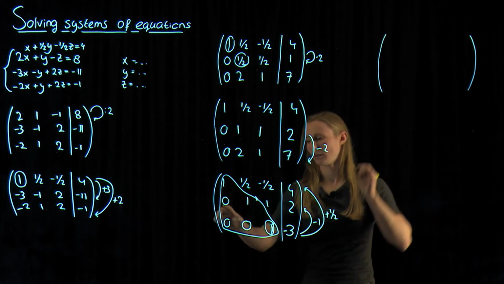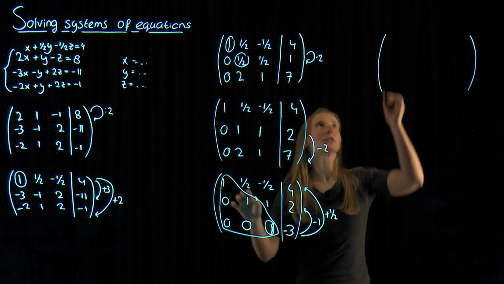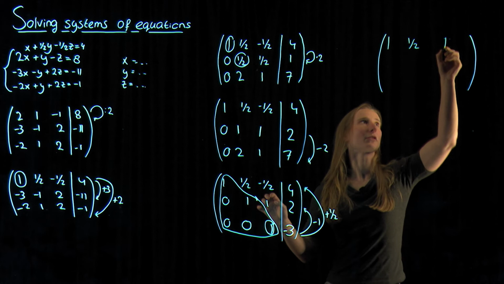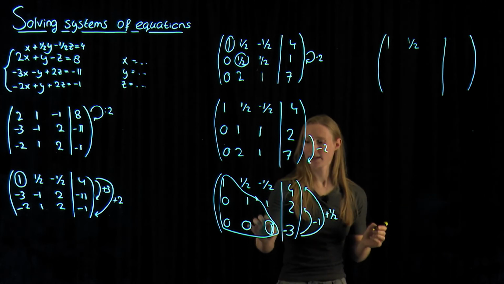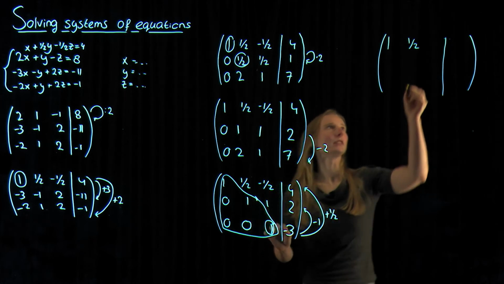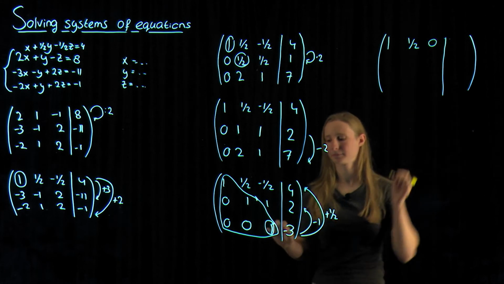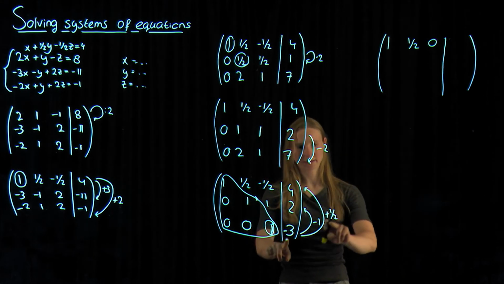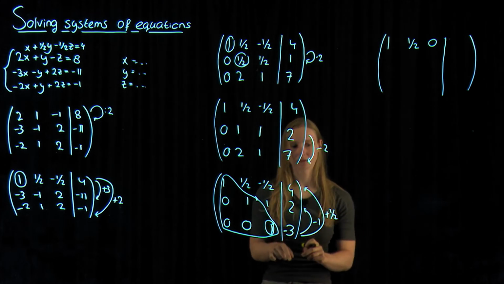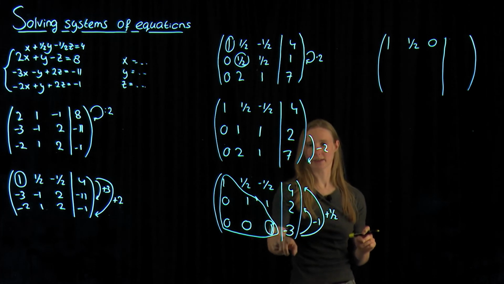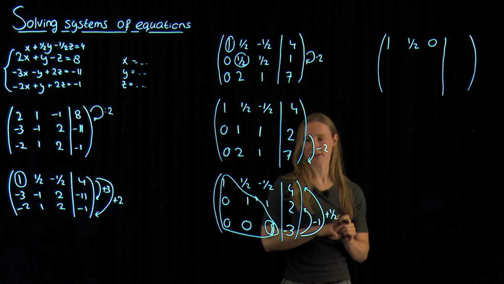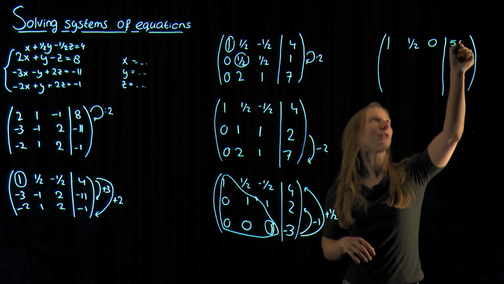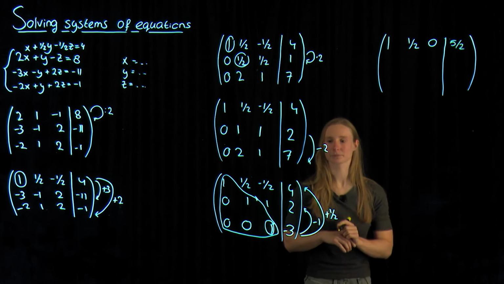So here we have all zeros, so these first 2 elements of the top row do not change. Then we get a 0 because we swept with this last one. And then here we have 3 times 1/2, so 3 halves, and then plus 4. So if I'm not mistaken, we have 5 halves here.